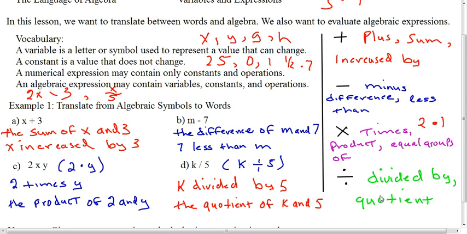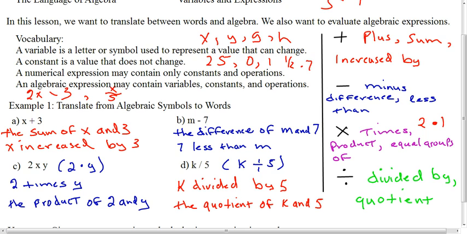So we see x plus 3. You can say the sum of x and 3. You can say x increased by 3. You can say x plus 3. You can say x added to 3. All of those are the words to that particular algebraic expression.